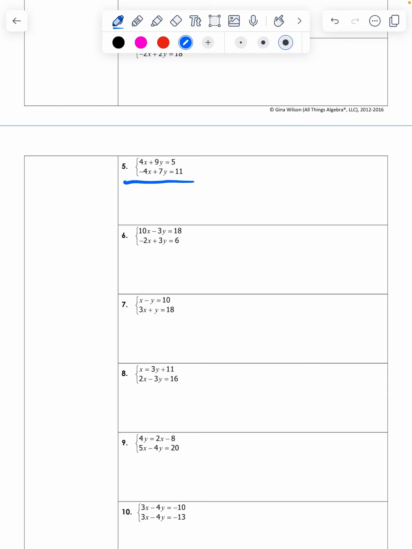If we take these two equations and we subtract them, 4 minus negative 4 is actually equal to 8. So subtracting this wouldn't be helpful because we would get 8x plus 2y equals negative 6. That's not going to help us. So instead of subtracting, we take these two equations and we add them. Why?